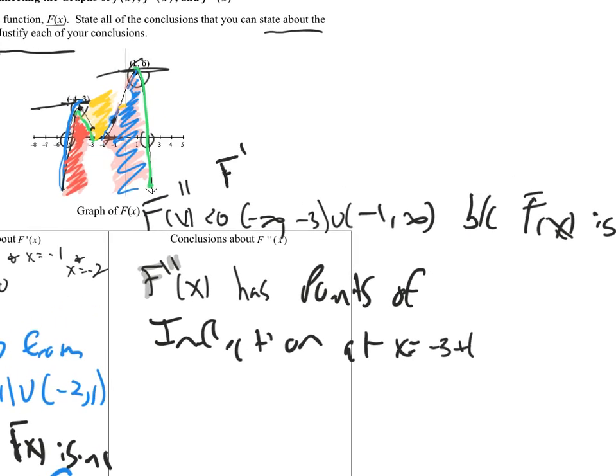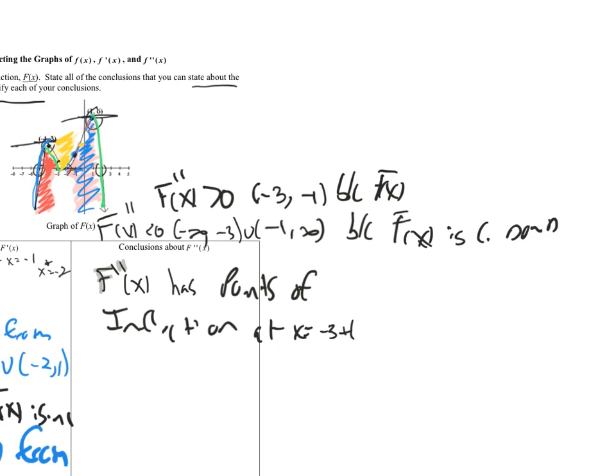F double prime of x is greater than 0, which means positive, between -3 and -1, because f of x is concave up.